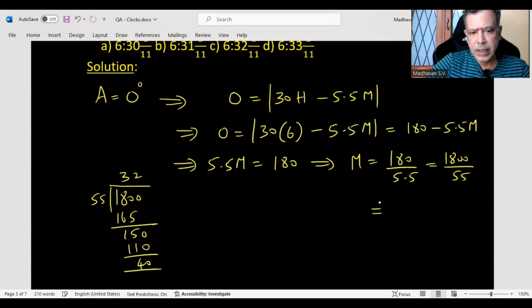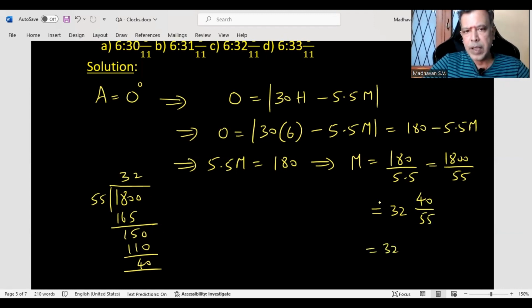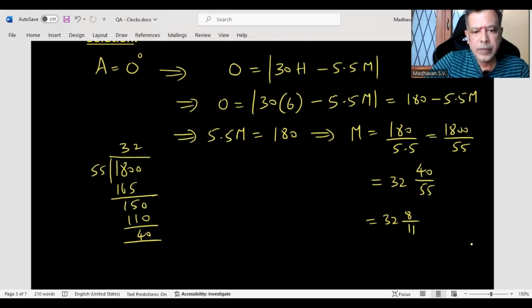So this can be rewritten as 32 and 40 by 55. Further, it can be simplified because 40 and 55 both are divisible by 5. So 5 8s are 40, 5 11s are 55. So we get 32 8 by 11.